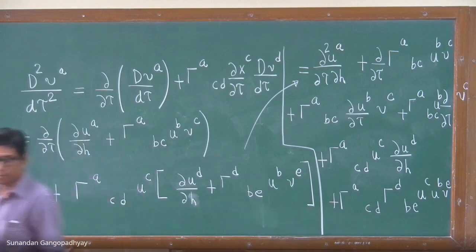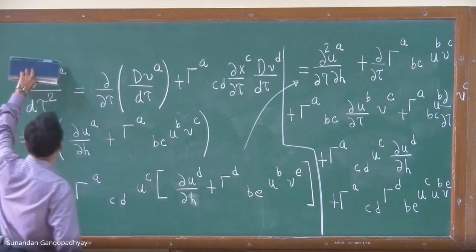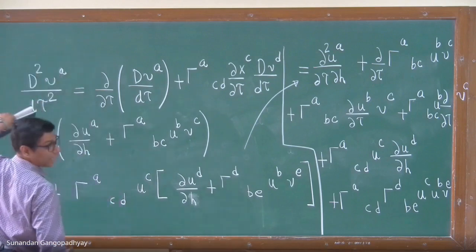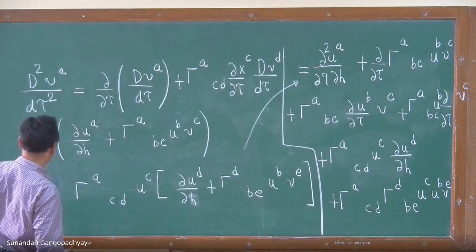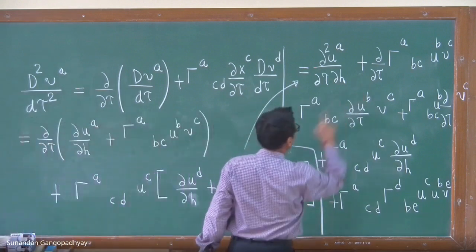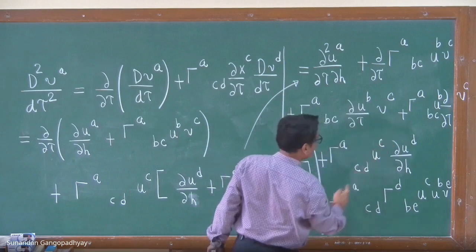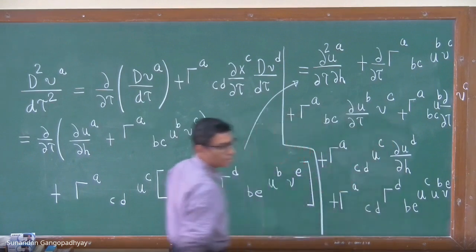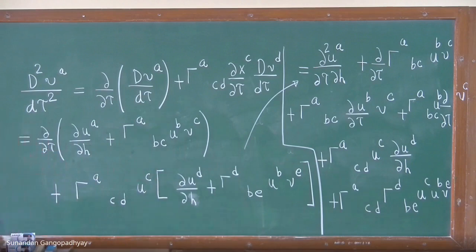Please check all the terms whether I have written down all the indices correctly or not. So from here, we are calculating this quantity, the second derivative, the second covariant derivative sort of thing. So from here, you will have 1, 2, 3, 4, 5, 6 terms. Check all the indices, whether I have written them correctly or not.